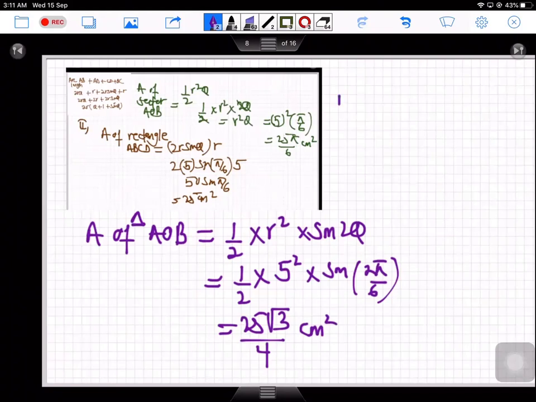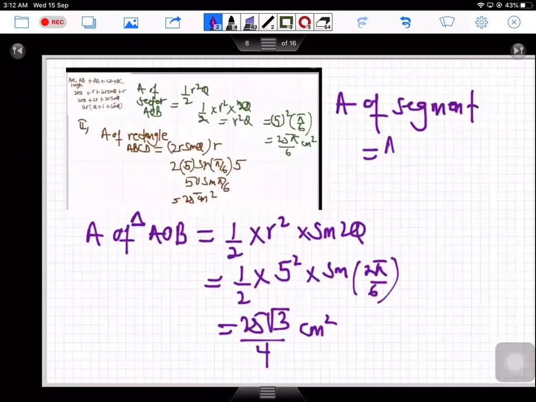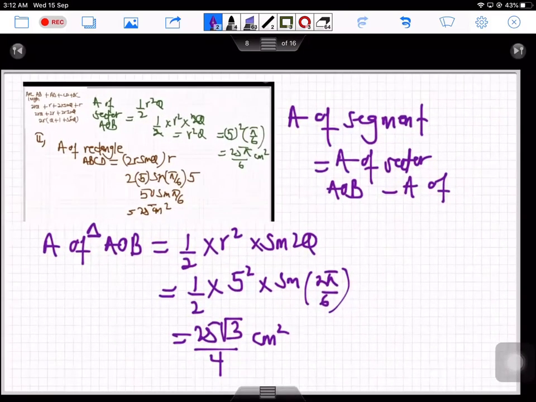Now, in order to find the area of segment, what we will do is subtract the area of the triangle AOB from the area of the sector AOB. So area of sector AOB minus area of triangle AOB. Okay, so area of sector AOB is how much? That was 25 pi over 6 centimeter square exactly.